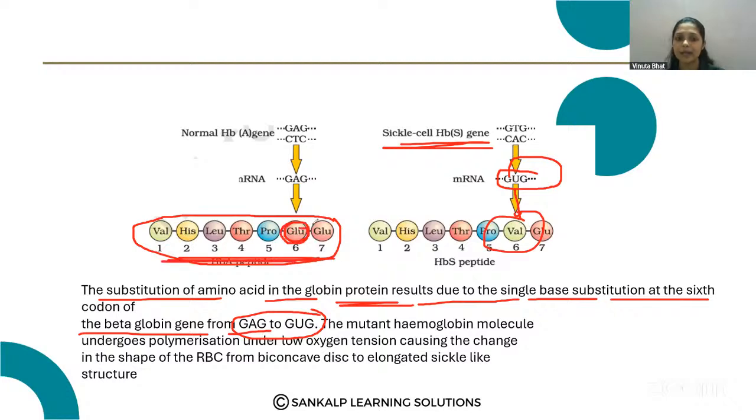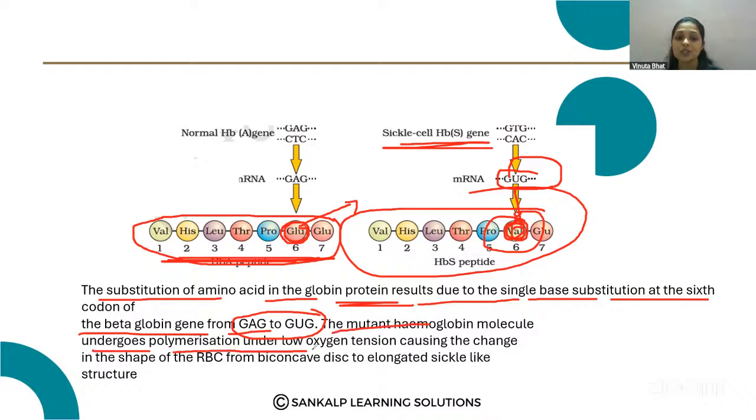Glutamic acid is converted into valine. So the mutant hemoglobin molecule undergoes polymerization under low oxygen tension, causing the shape of the RBC to change from biconcave to elongated, sickle-like. So that leads to sickle cell anemia.